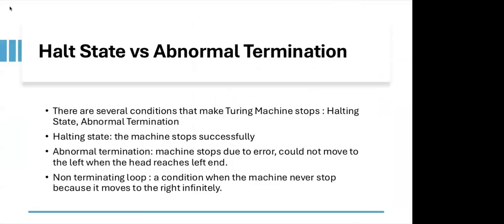So there are several conditions that make a Turing machine stop. The first one is the halting state. So if it reaches the halting state, we can stop the machine. Or the second one is abnormal termination. Halting state means the machine stops successfully, and abnormal termination means the machine stops due to an error, such as not being able to move to the left when the head reaches the left end.